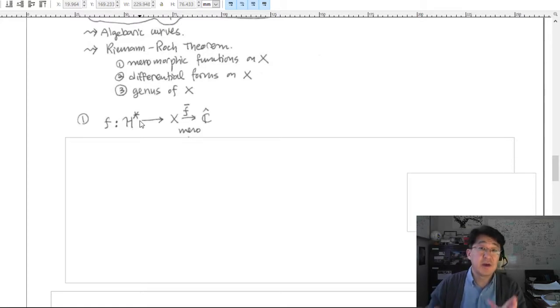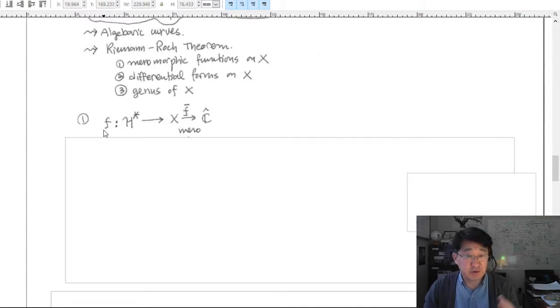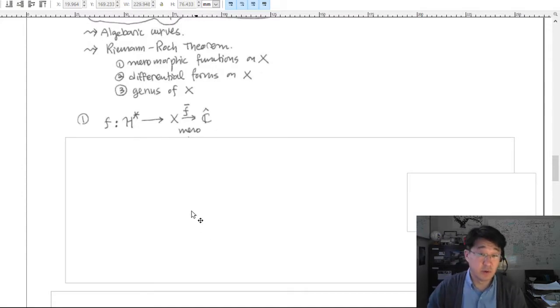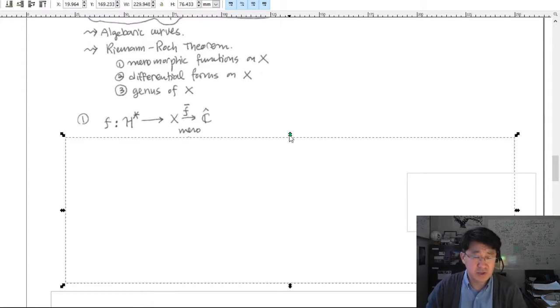H star is the upper half plane together with that infinity we throw in. It naturally pulls back the map to this entire upper half plane. So if you have a nice meromorphic function, it creates a function from H star to C hat.